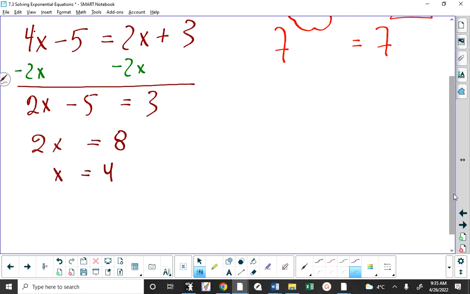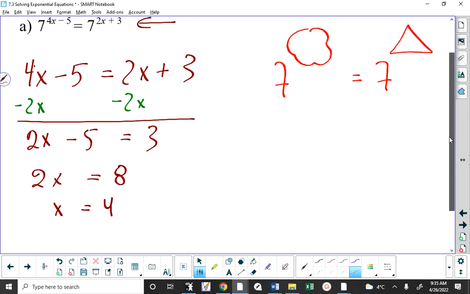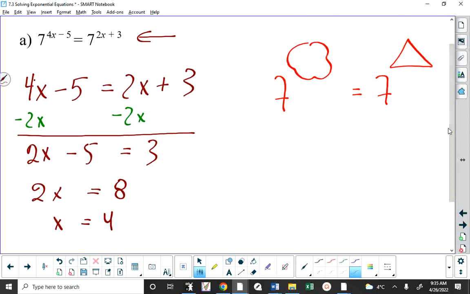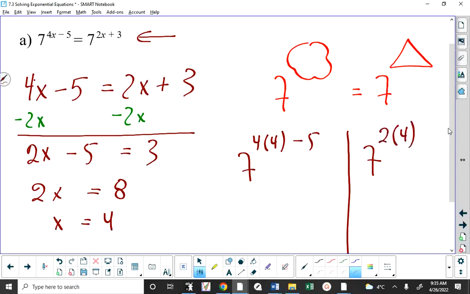And there's really no need to check exponential equations yet. There will be some where we have to check for extraneous roots later. But if you check the left side and the right side here, we had 7 to the 4 times x, we got 4, minus 5. And the right side is 7 to the 2 times x, we got 4, plus 3. 4 times 4 is 16 minus 5 is 11.